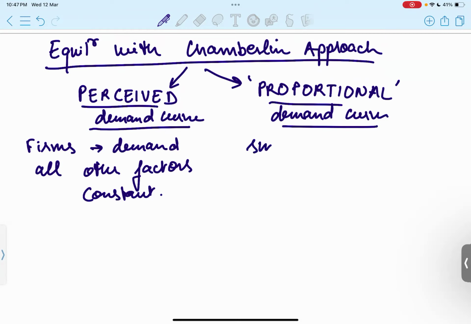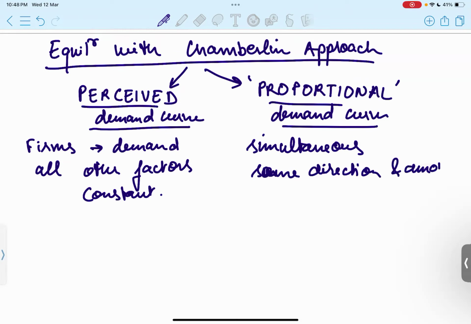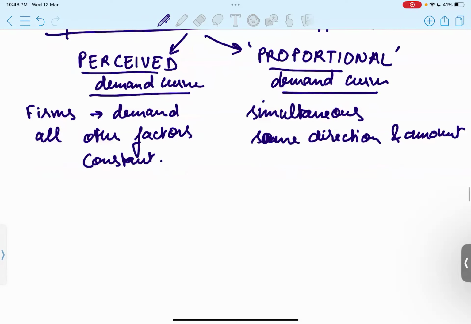So simultaneous changes, same direction and amount. This is what is depicted by the demand curve which is proportional in nature.